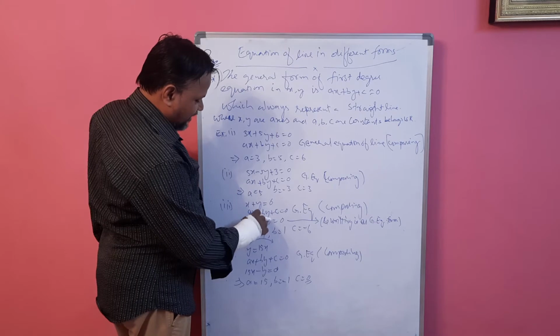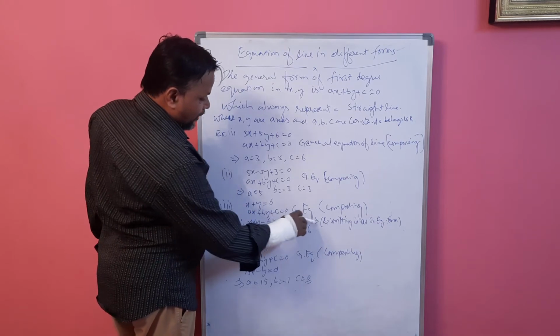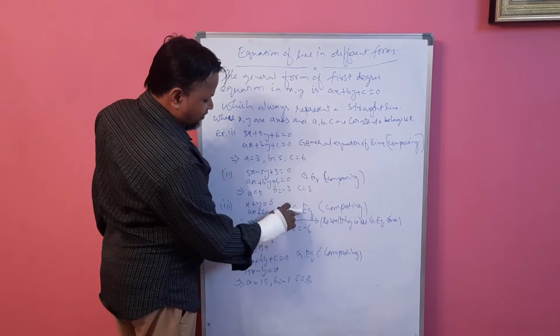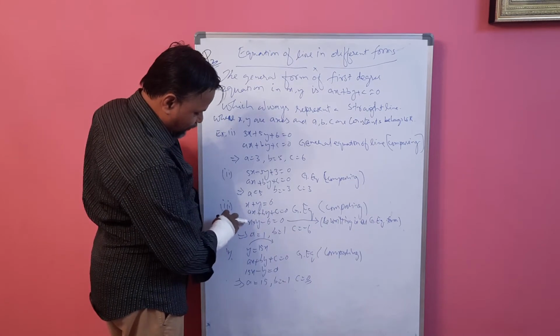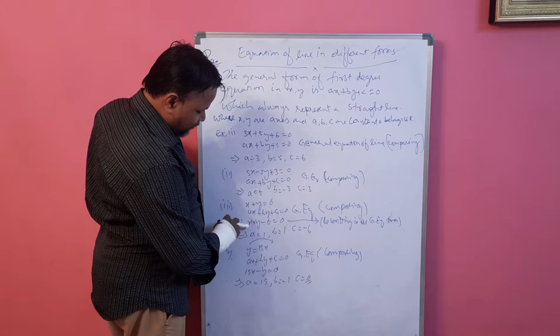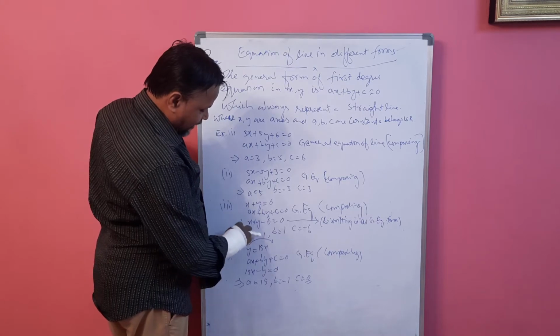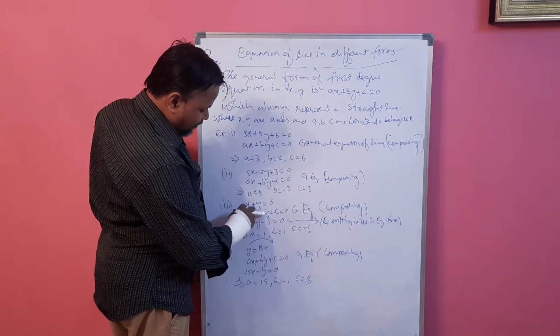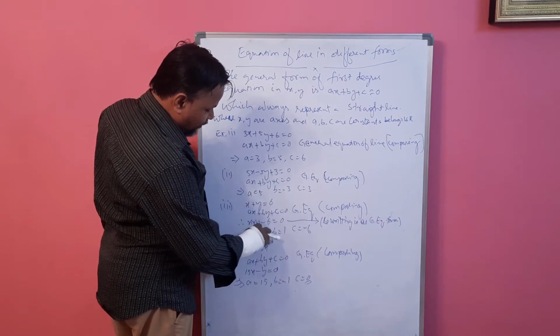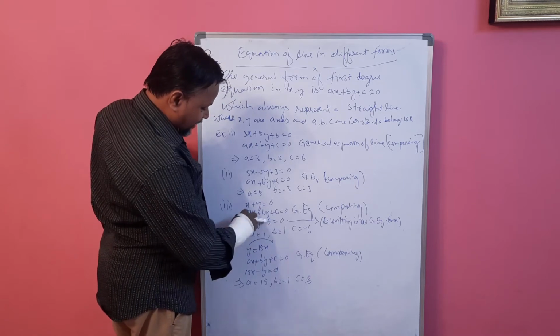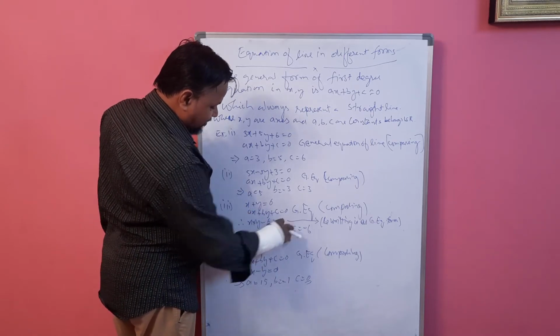Now these two equations are the same. So a is the coefficient of x, nothing is there, that means we take 1. Here b is again 1, because 1 into y is y, and b into y is by. So b is equal to 1. c equal to minus 6.